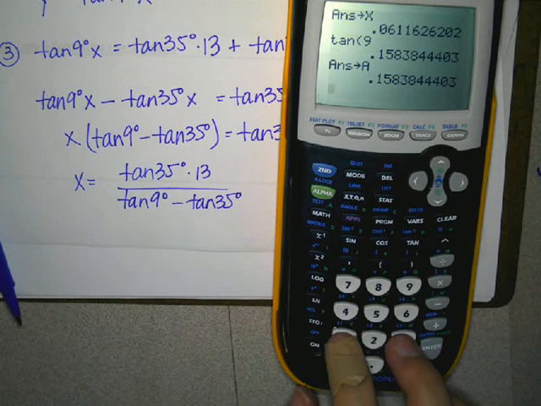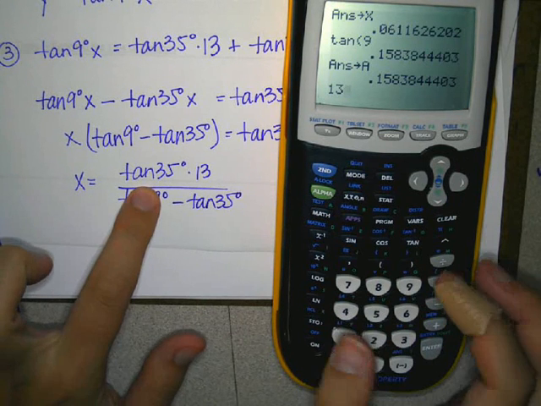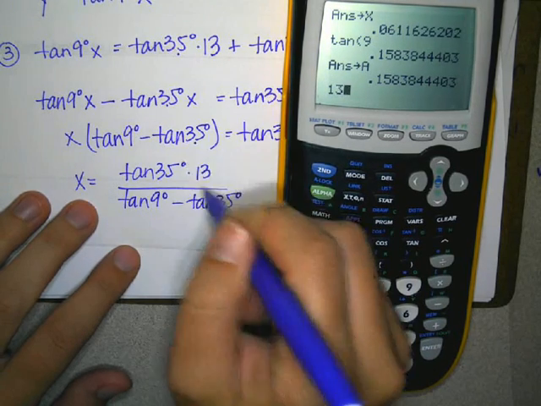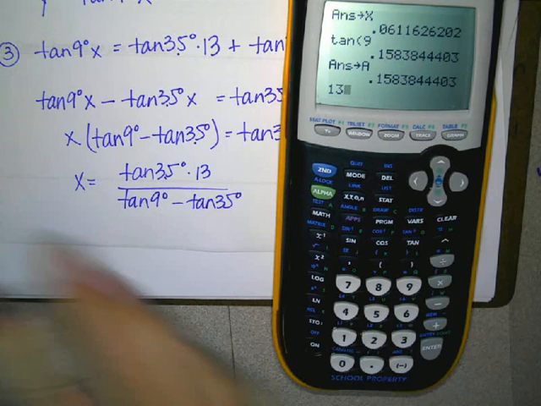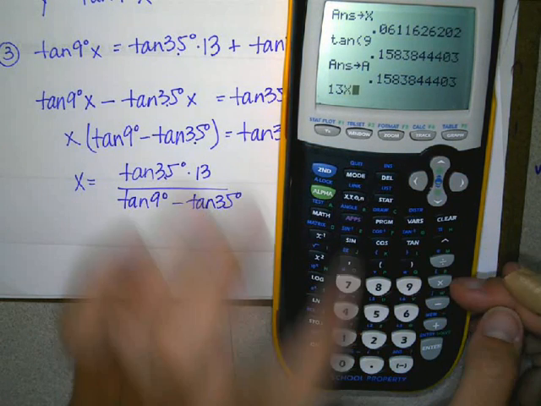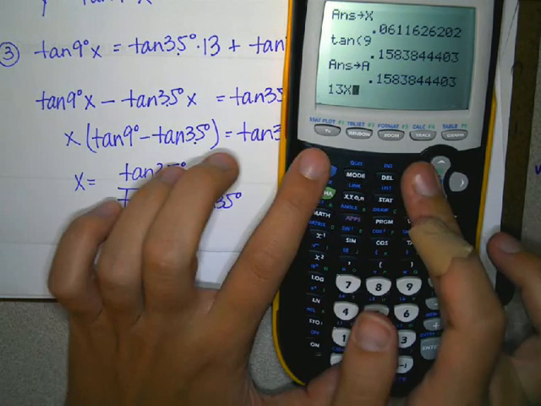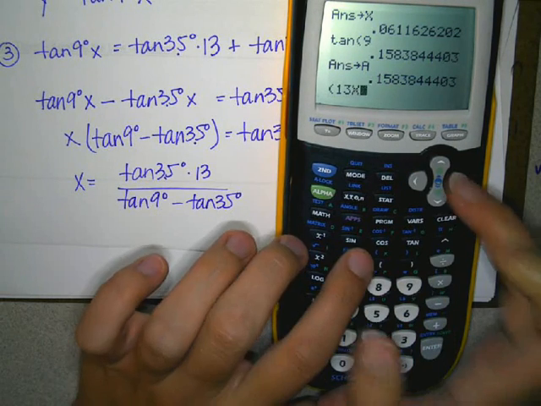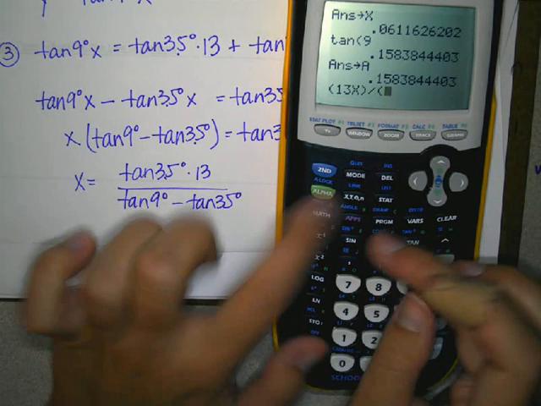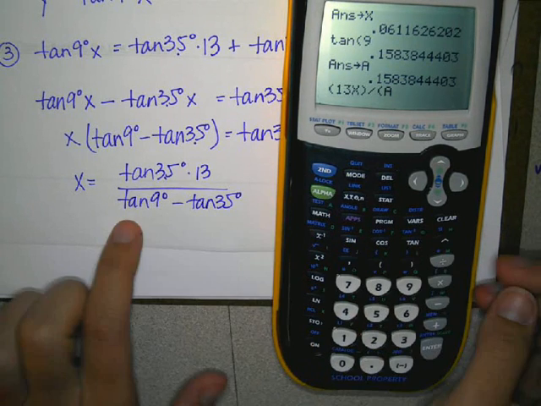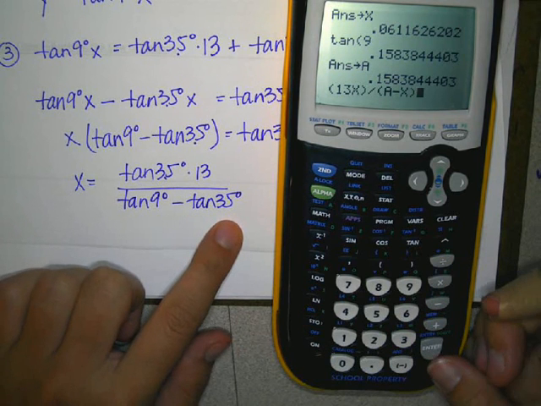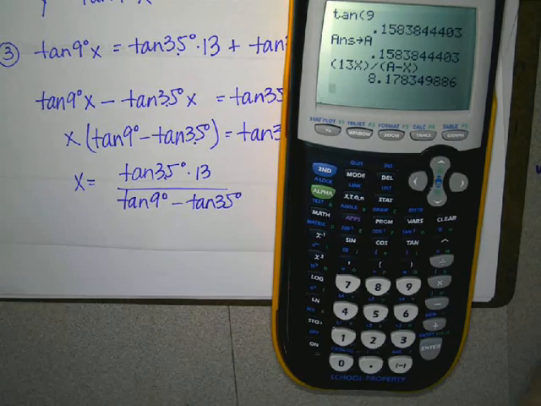So I'm going to take 13, tangent of 3.5, which I've been writing 35, sorry. Tangent of 3.5 was x. So on the top I'm going to have x, maybe I'll put the parentheses around that. Then we're going to divide that by tan of 9, which was a. That's what I stored it in. We're going to subtract tan of 3.5, which I had stored as x. Hit enter, and I'm getting 8.18.